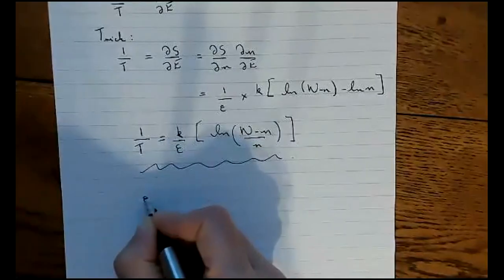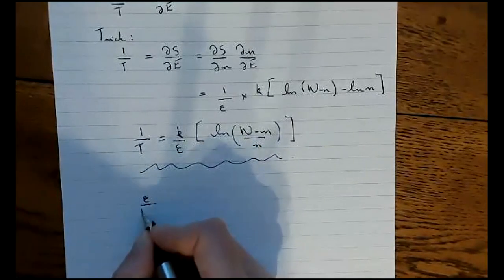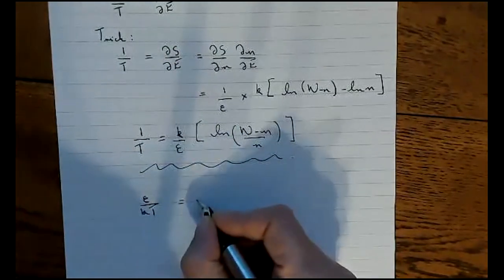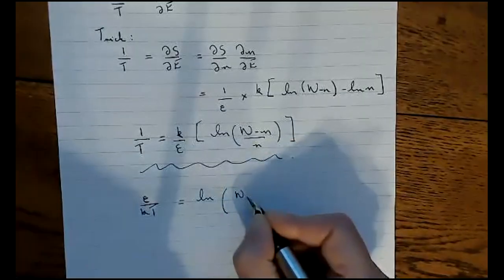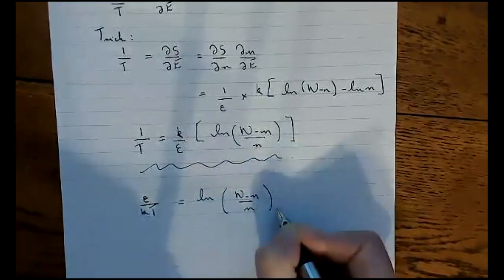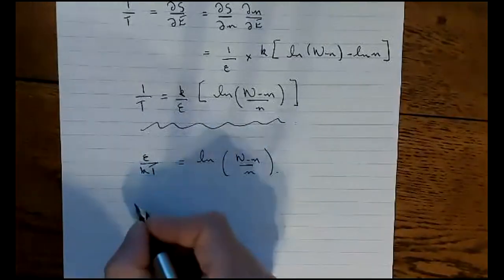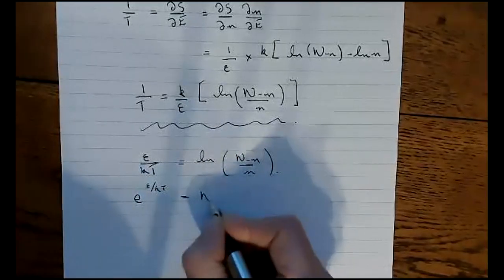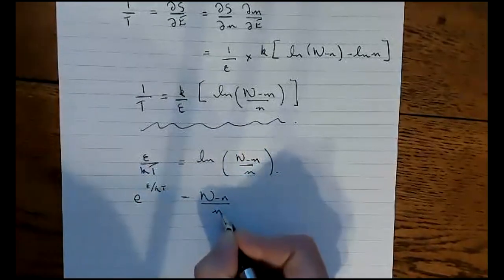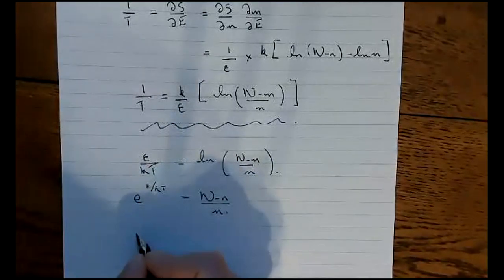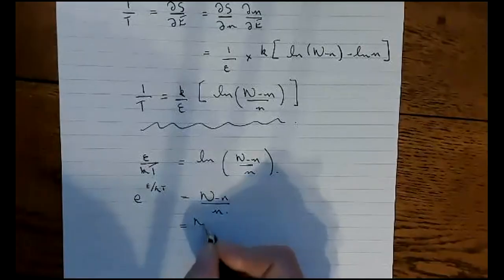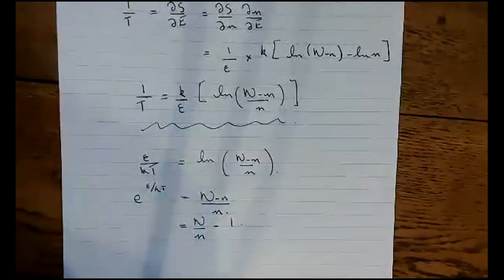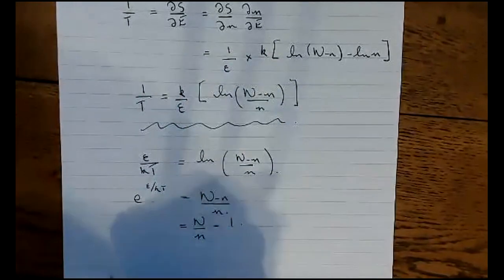So we've got epsilon over kT is equal to the log of big N minus n over little n. And of course, we can take the exponential of both sides. So we get e to the epsilon over kT equals big N minus little n over little n. And we can write that as big N over little n minus 1. And then we can take the 1 over to this side.